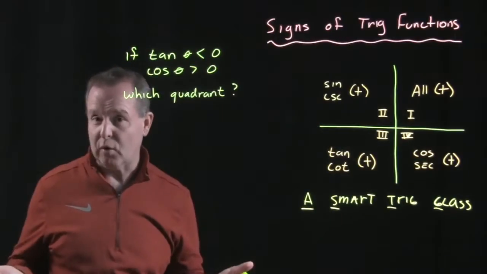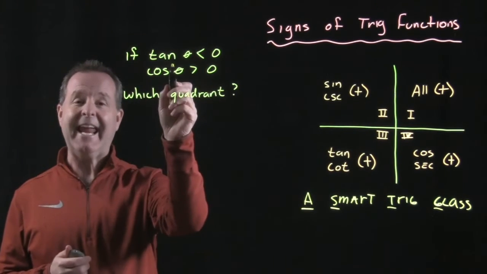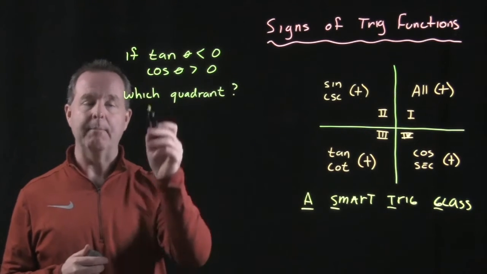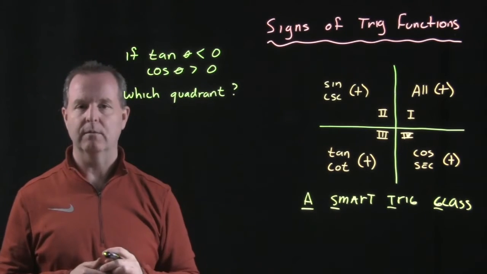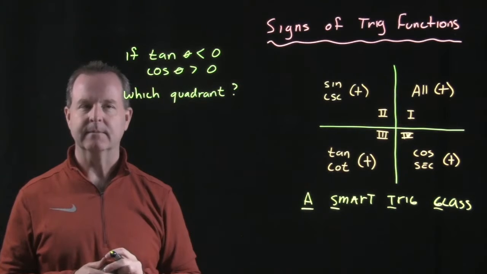So as an example of being a smart trig class, let's try it out. If we know that the tangent of theta is less than 0, negative, but the cosine of theta is greater than 0, positive, which quadrant would this angle lie in?